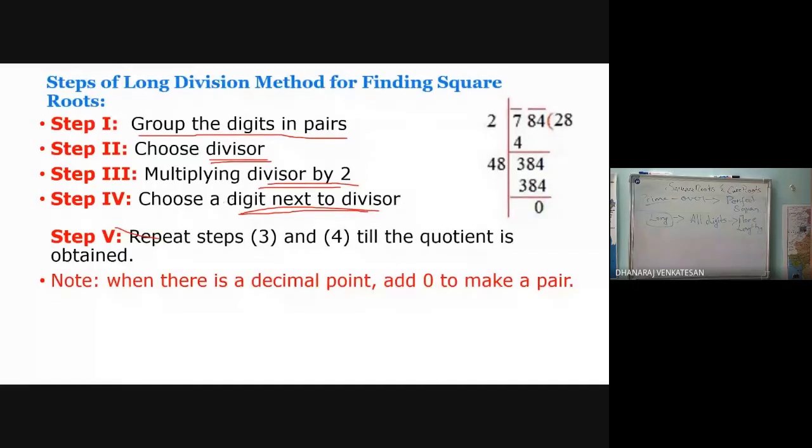These are the 4 steps, and you repeat this process till you get the quotient. First group the digits in twos, then choose a divisor and multiply the divisor by 2, and the last step is to find a suitable digit that comes next to the divisor. These are the 4 steps you have to memorize for the long division method. Okay, I will go with the long division method.